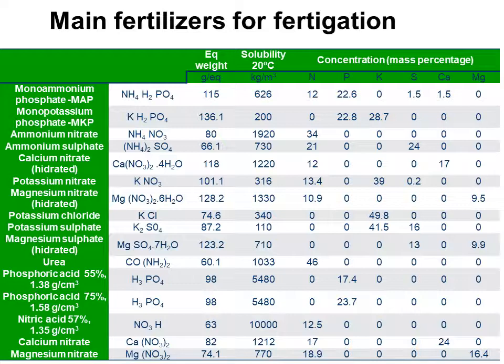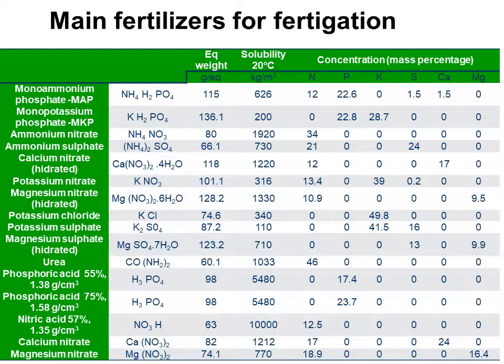In other words, this is for phosphorus, but not P2O5, which is a very commonly used unit, and this is potassium K and not K2O, which is commonly used. People also use calcium oxide or magnesium oxide.